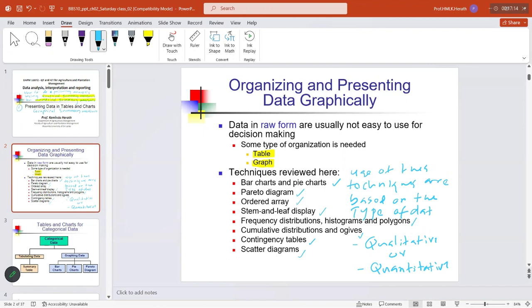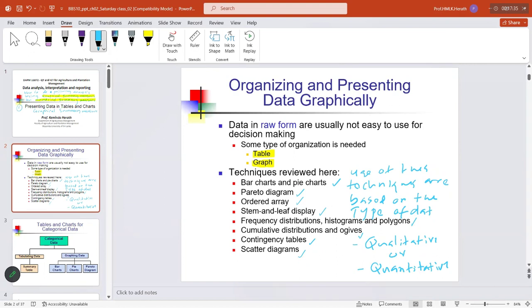The techniques that we use for qualitative data are usually not used to summarize quantitative data. We use different tools, tables, and graphs to summarize different types of data.